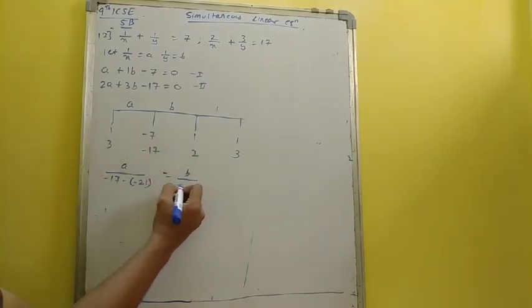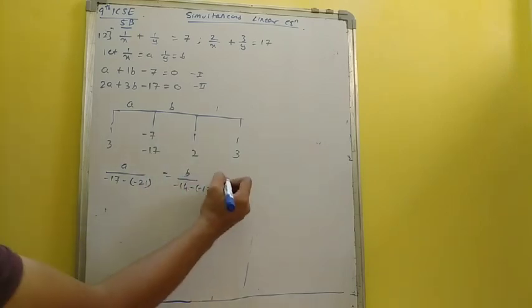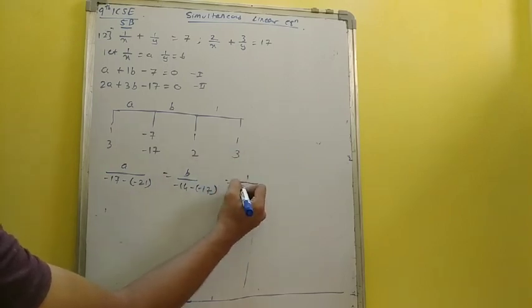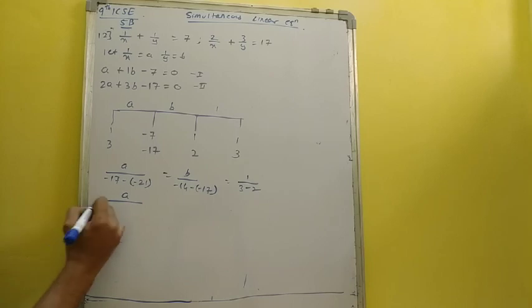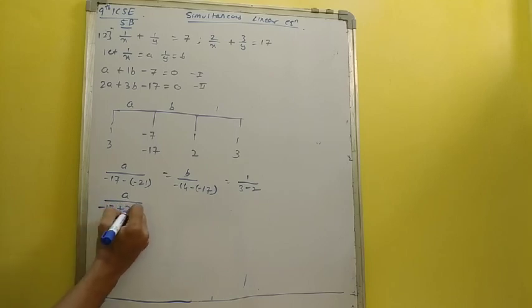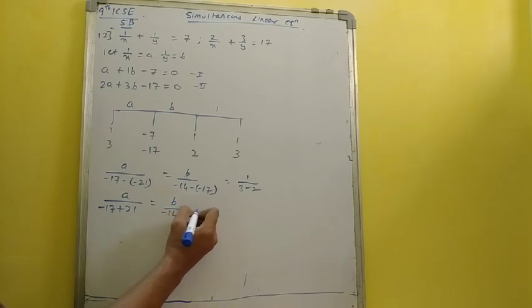b, 17 twos are 14 minus 17 ones are 17 is equal to 1 upon 1 threes are 3 minus 2. So a upon minus 17 plus 21, b upon minus 14 plus 17, 1 upon 1.